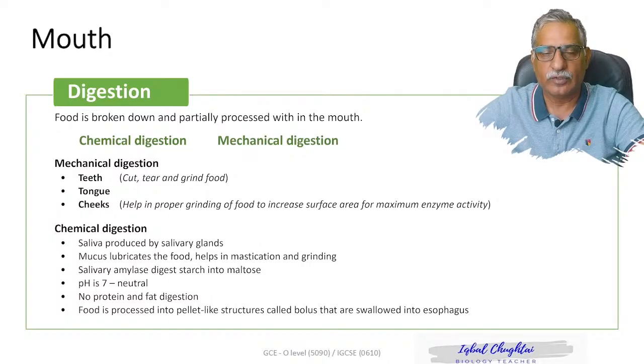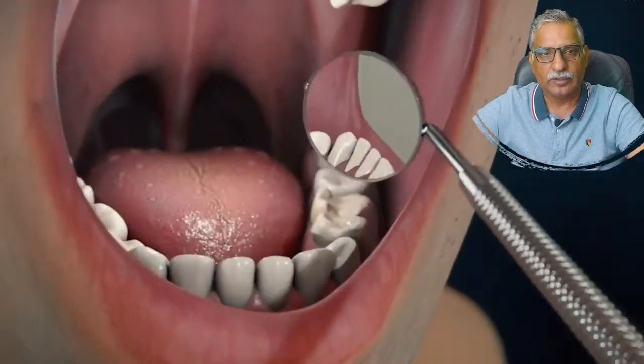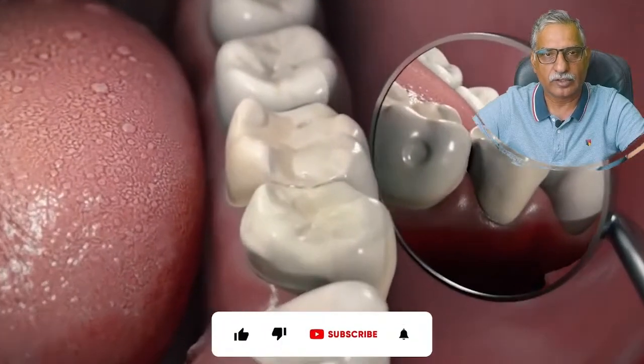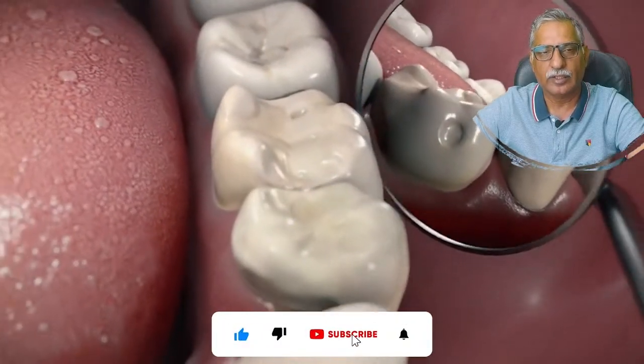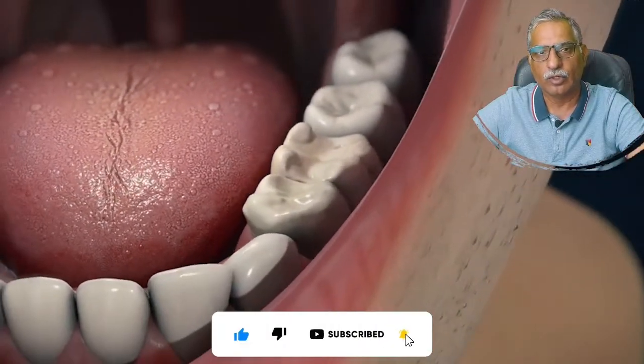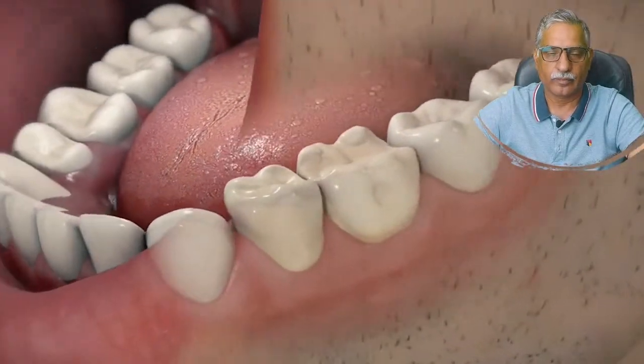Before we proceed further with the esophagus, and what happens to the food when it travels through the esophagus towards the stomach, we must discuss teeth. Teeth, the bony structures responsible for mechanical digestion in the mouth, we must know about these teeth.